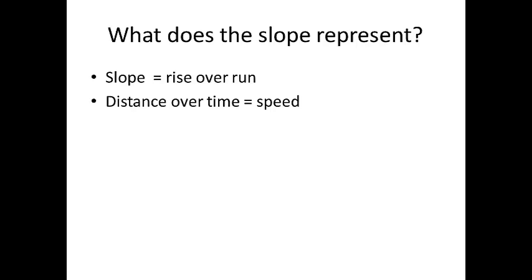On our position or distance-time graph, we know that distance is the y-axis and time is the x-axis, and we know that distance over time equals speed. We know that slope is the rise over the run. So the slope of a distance-time graph gives you the speed. And I'm talking really fast and really loud because that's a really big deal.